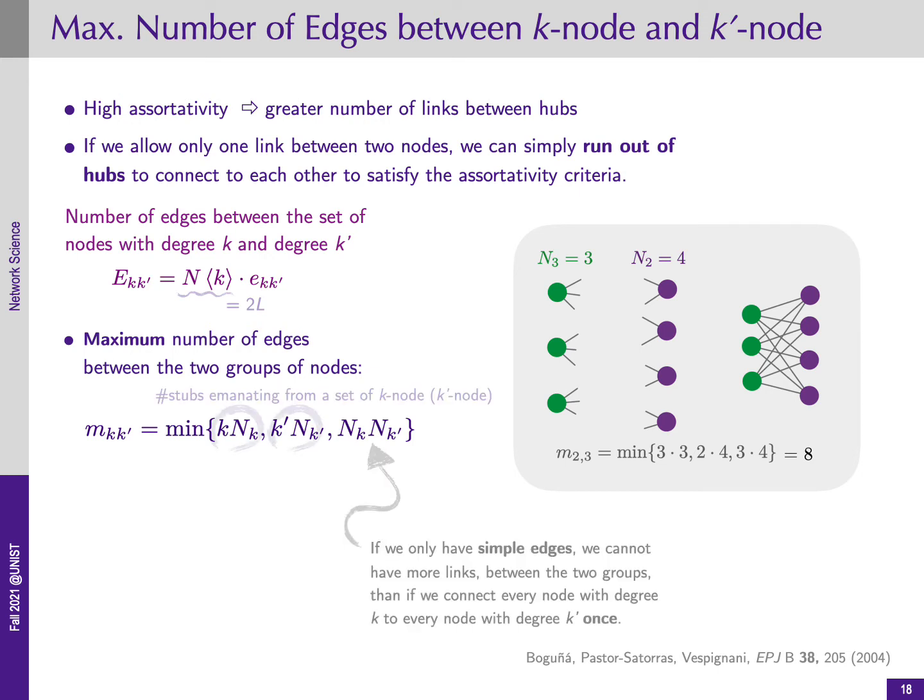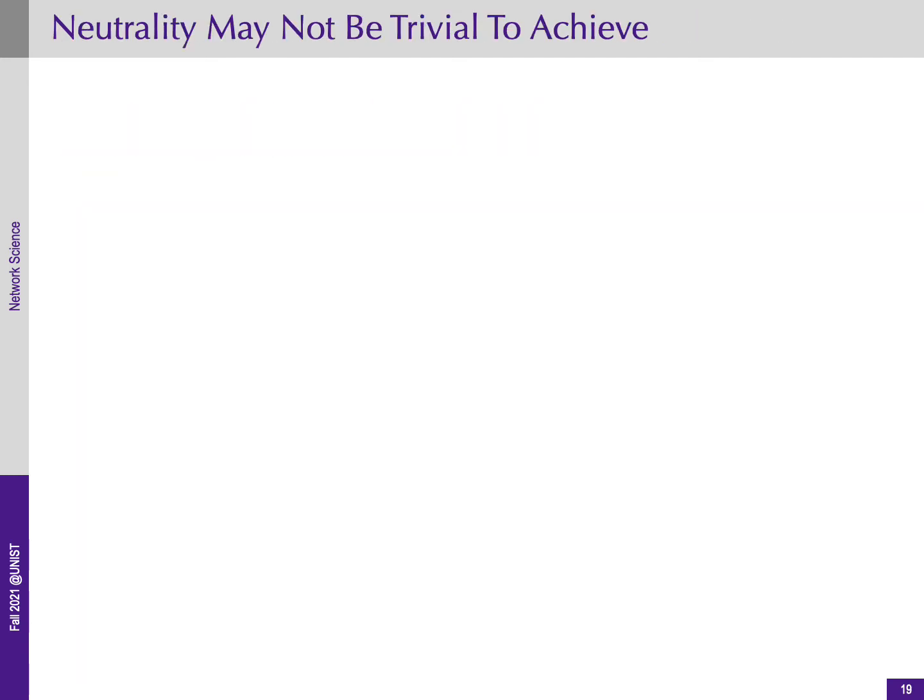As long as we don't allow for multiple connections between any pair of nodes. All right. So neutrality may not necessarily be a trivial thing to achieve because of these skewed degree distributions.